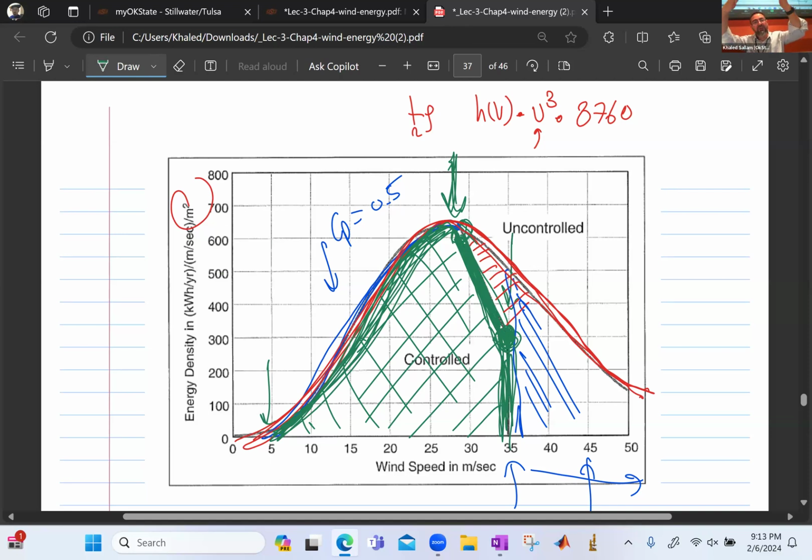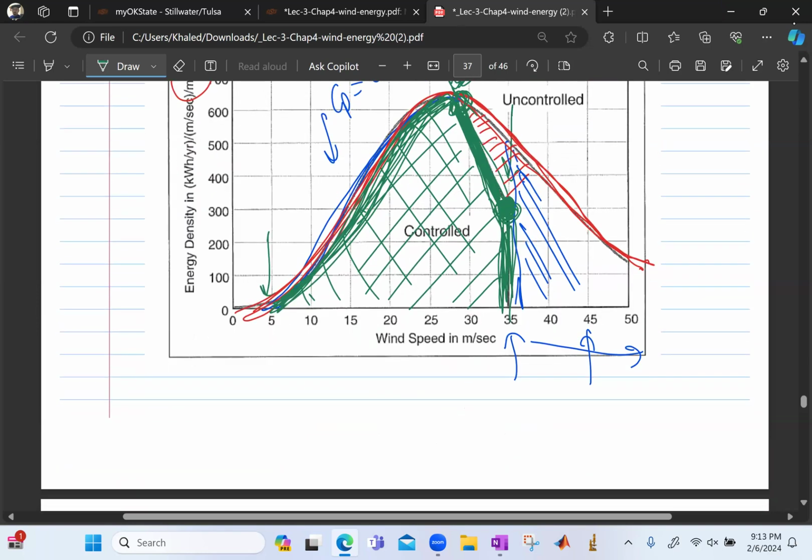So the red is what's available from the wind. The green is what the turbine will be able to harvest. Right? And once you hit V rated, you choose to say, I'm not going to get everything in the wind, so I stay at the same power. Okay.